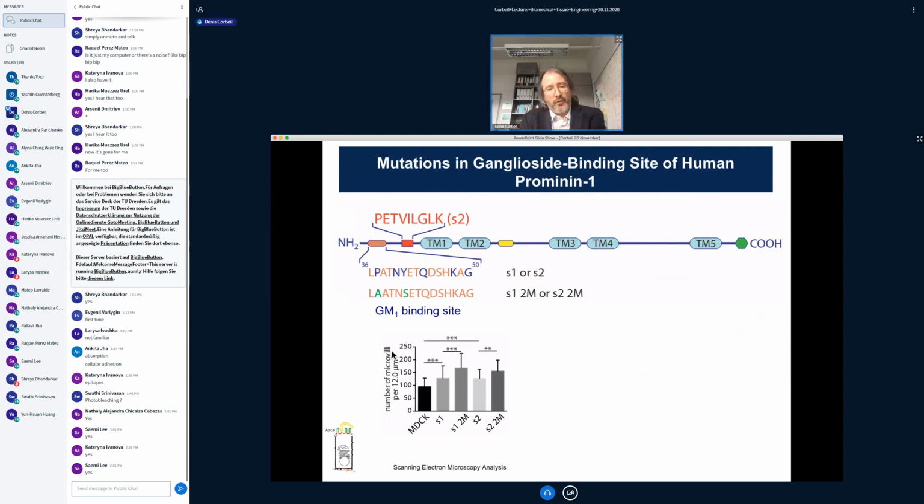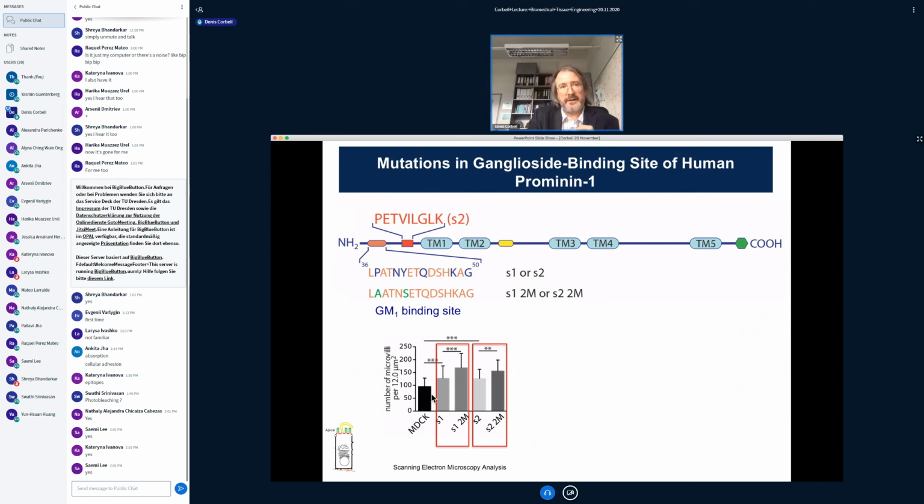So when we overexpress it in this cell, we get more protrusions on the surface. And when we express the mutant, we increase the protrusions on the surface even more, meaning that prominin-1 can probably play a role in the formation or the stabilization of this structure.